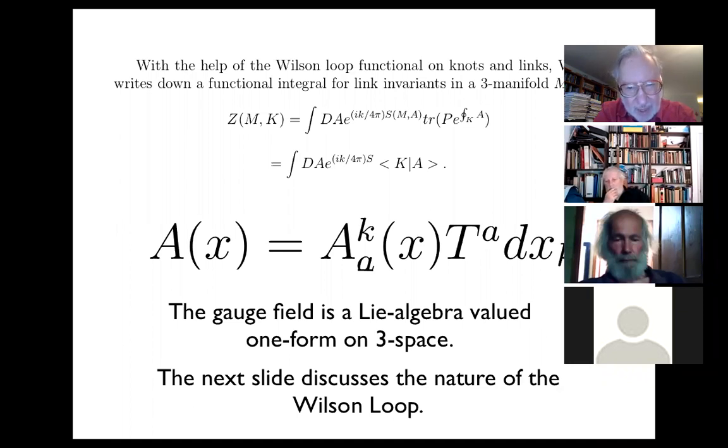And then you can write an arbitrary element of the Lie algebra by summing some coefficients A^a times the basis elements T^a. That's just a matrix A_k in the Lie algebra.